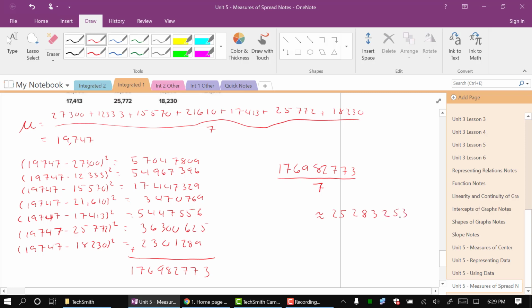And to find the standard deviation, I'm going to take the square root of this, which gives you about 5028.